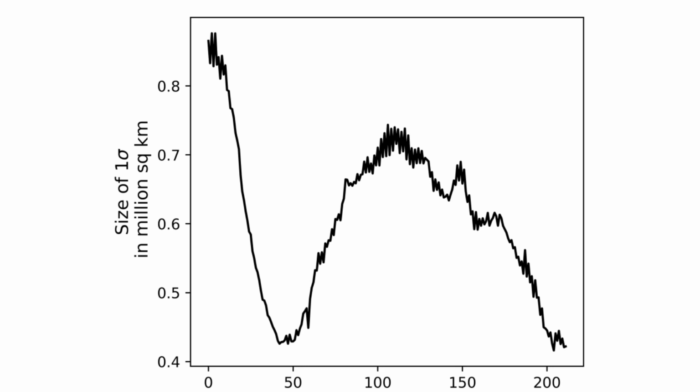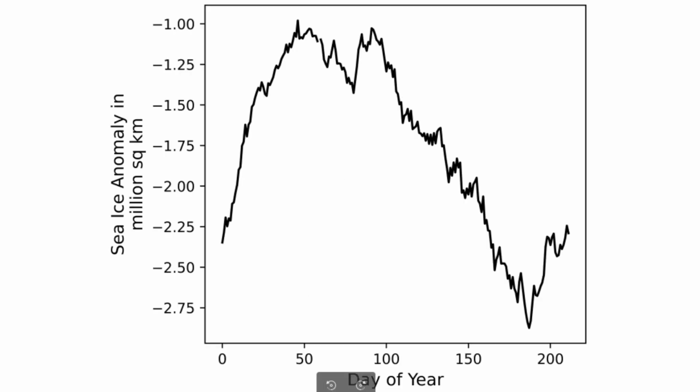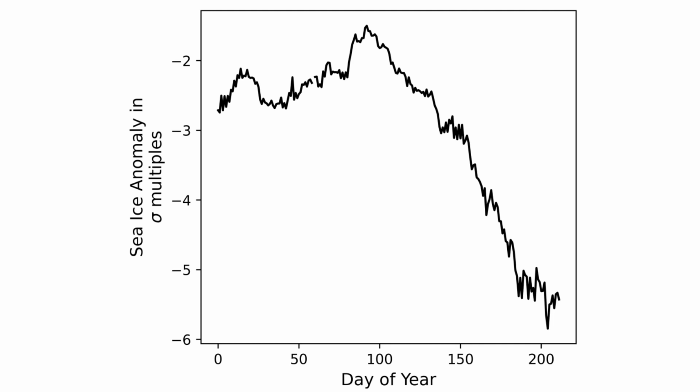It in fact halves from early January, where a standard deviation is about 4/5 of a million square kilometers, and then over the last 2 weeks, a standard deviation has been 2/5 of a million square kilometers. So this is how, although the absolute size of the anomaly in million square kilometers is shrinking, this sigma thing that people talk about is staying steady.